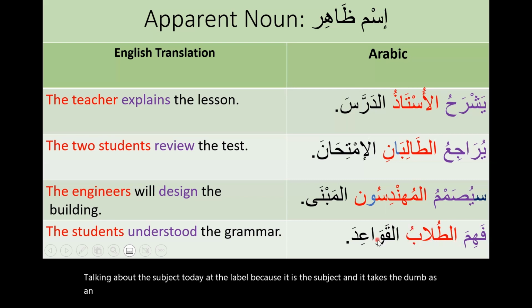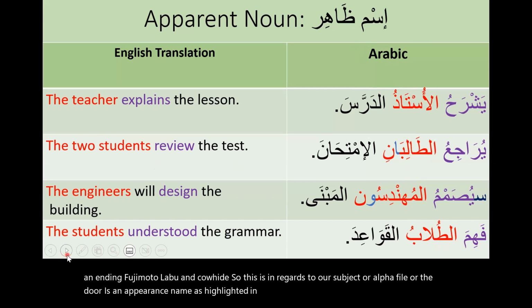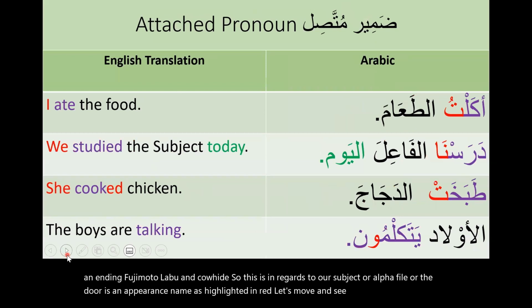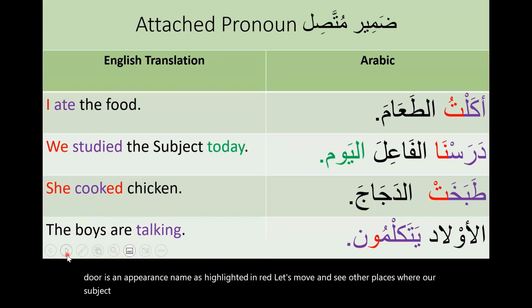So this is in regards to our subject or al-fa'il, or the doer, which is an apparent name as highlighted in red.